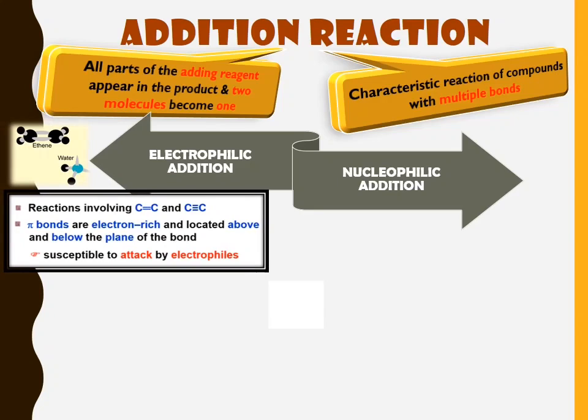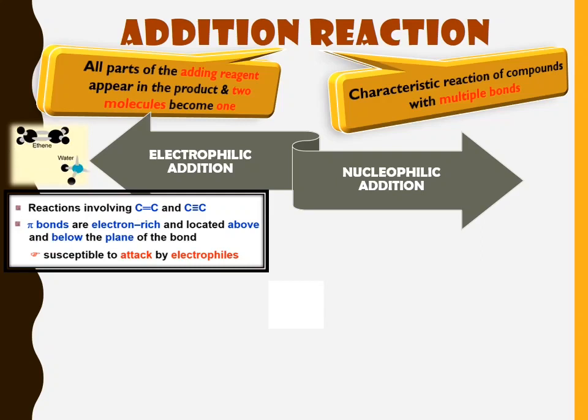Electrophilic addition reaction will involve carbon-carbon double bond or carbon-carbon triple bond. The pi bond in carbon-carbon double bond and carbon-carbon triple bond is electron rich. So, this part is susceptible to attack by electrophile.